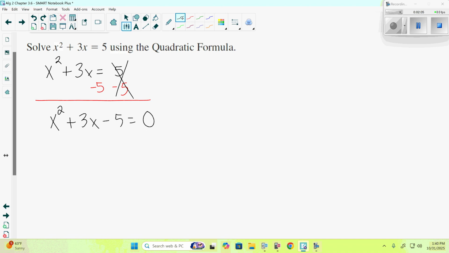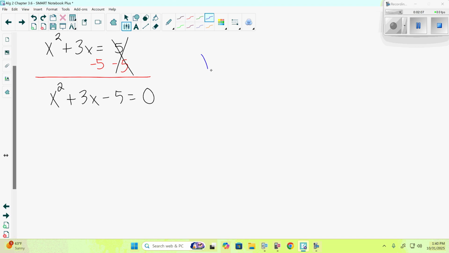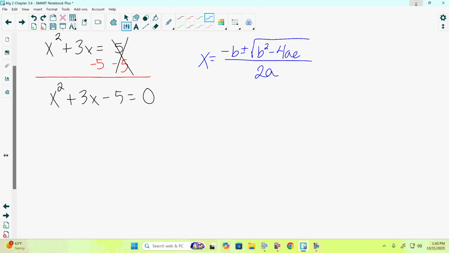So, the quadratic equation: x is equal to negative b plus or minus the square root of b squared minus 4ac, all over 2a. So it'll be helpful to know what the values of a, b, and c are, because for this equation, we're taking the corresponding values of a, b, and c and plugging them into it.